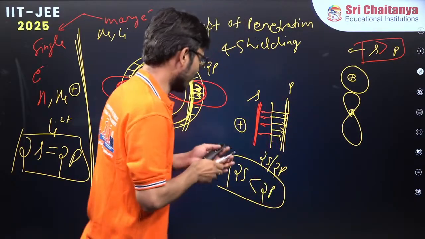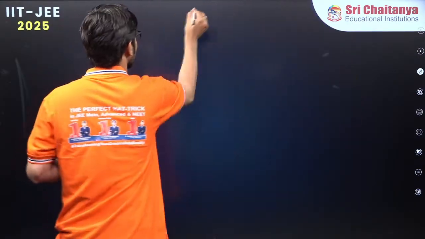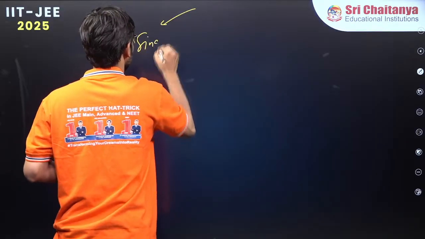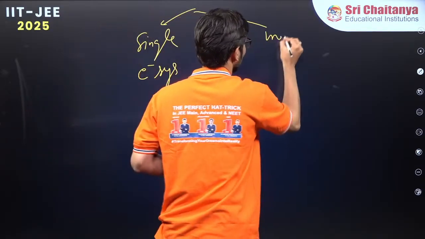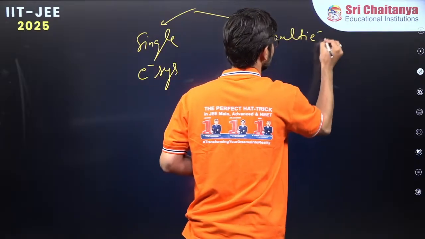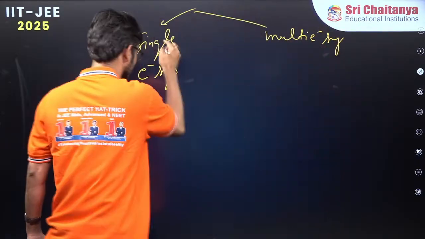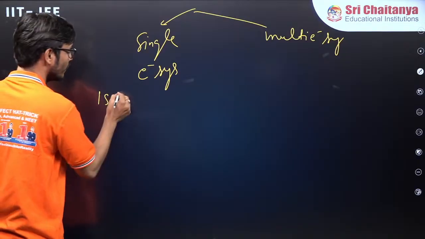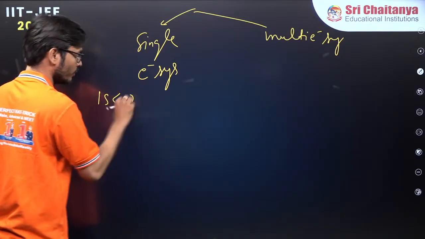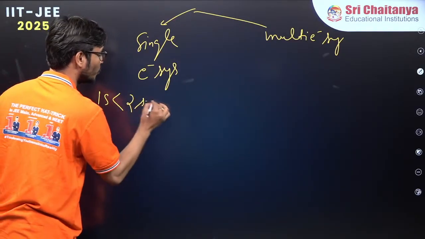Okay. So now I can say that in a single electron system, the 1s energy, then 2 has more energy, the second orbit has more energy, but 2s is equal to 2p.